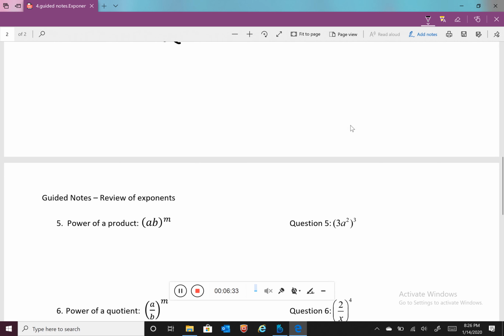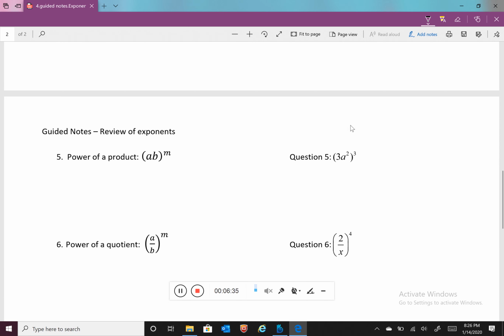Our next one is the power of a product. Notice again, inside we have two things that are connected to each other by multiplication. So ab is implied as a times b, housed in parentheses, and the whole thing is being raised to the mth power.